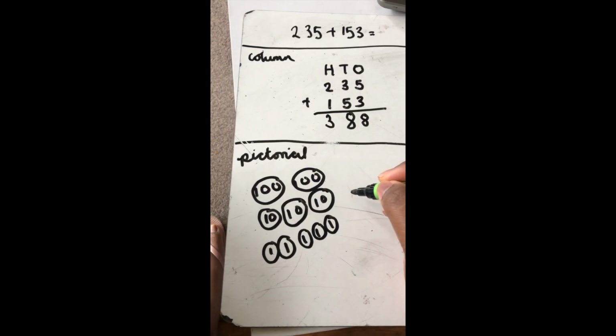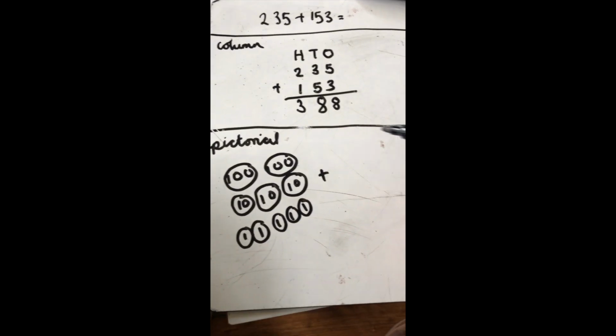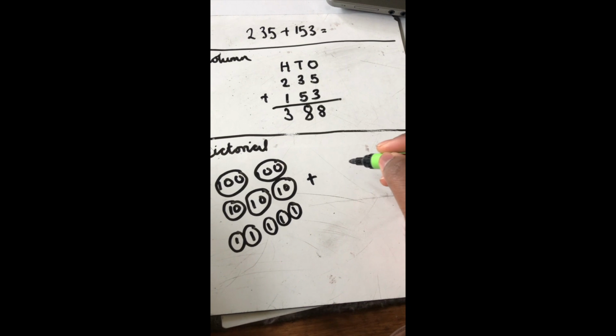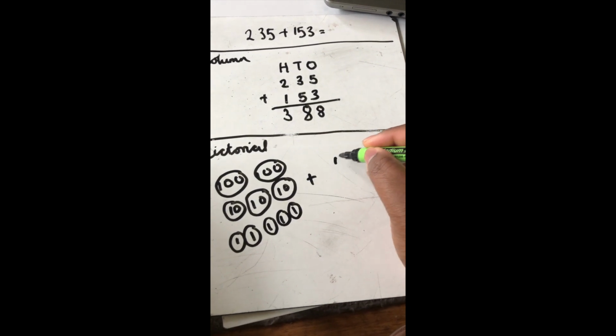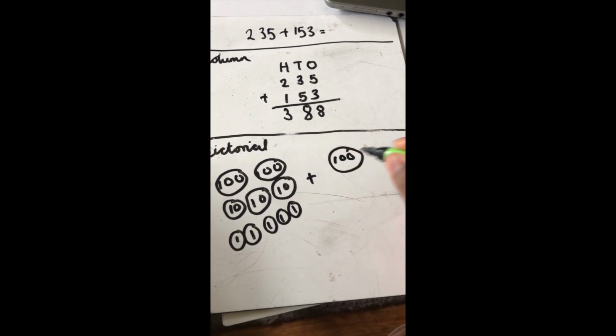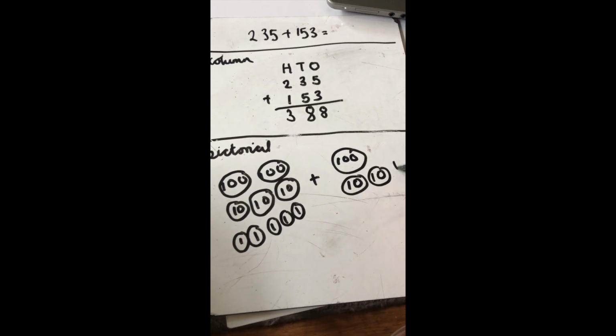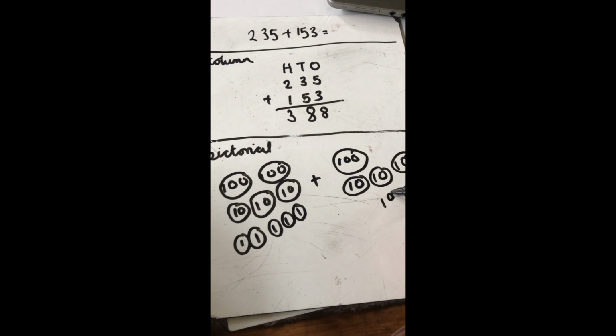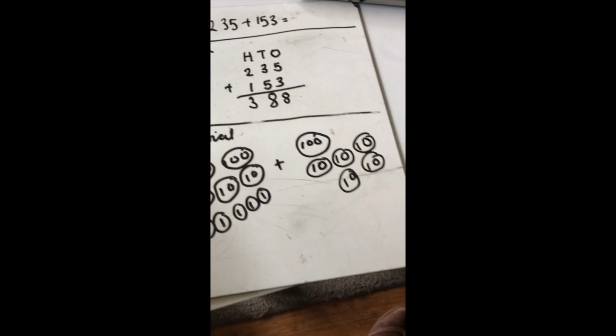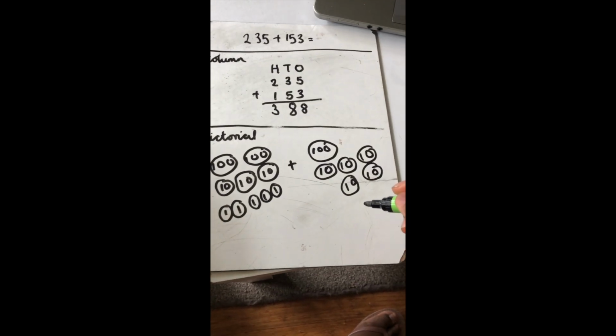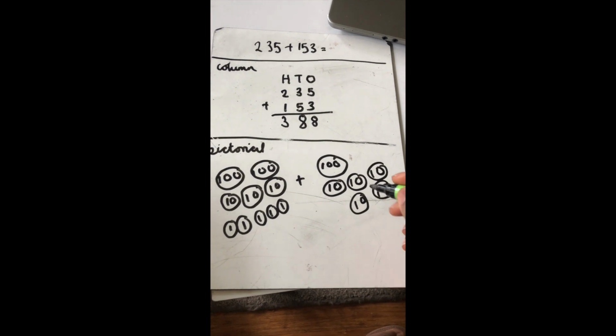And then my second number, which is 153. So I need 100, 5 tens, and then 3 ones.